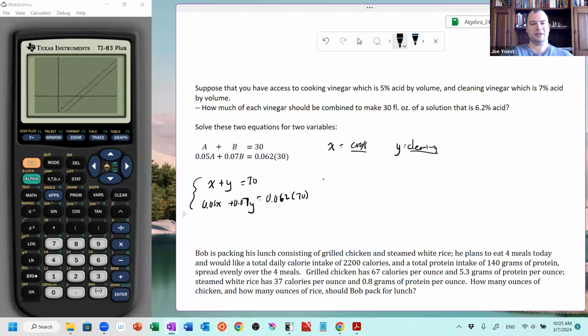I'm going to lean on my calculator here because these numbers don't seem super nice. I need to solve for y in terms of x in both cases. My first equation is not too bad, y equals 30 minus x. My second equation, what do? I subtract 0.05x over. Let me figure out what's 0.062 times 30. If I want to get out of the graphing utility, I just do second quit.